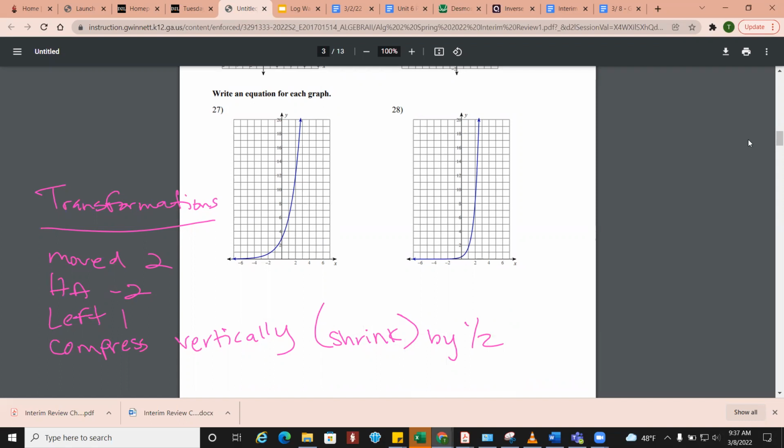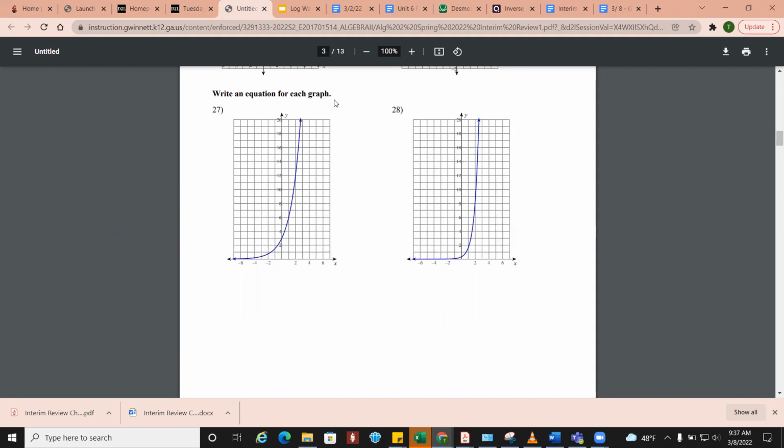Okay, but let's say that you actually did have to write an equation for this. The first thing that you'll notice is this is exponential. So that means it's going to be y equals a times b to the x, where a is your y-intercept and b is your rate. Okay, so what's my y-intercept on this guy? 3.